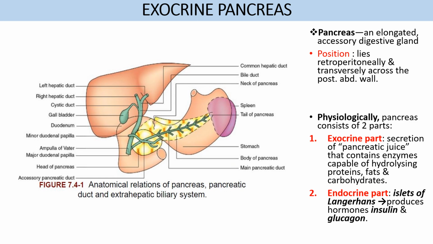This juice contains many enzymes that are capable of hydrolyzing proteins, fats and carbohydrates present in the food. The endocrine part of the pancreas comprises the islets of Langerhans that produce hormones, namely insulin, glucagon and somatostatin.